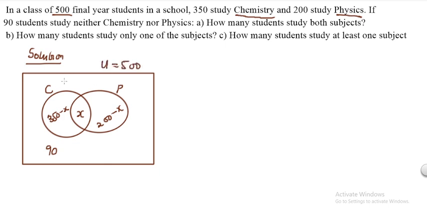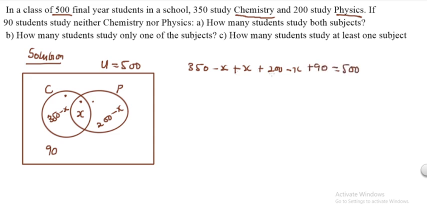Like what we did before, we simply add up all the regions and equate it to this. So I'll add here, here, here, and the numbers outside, then equate it to this. How does this look? It will be 350 minus x plus 200 minus x plus 90 is equal to 500.